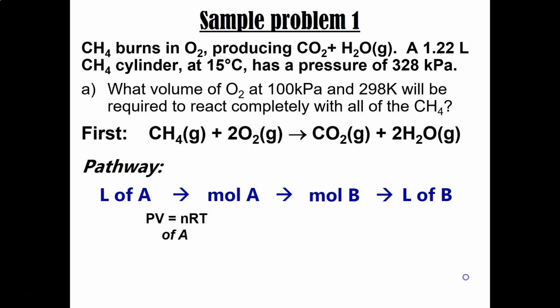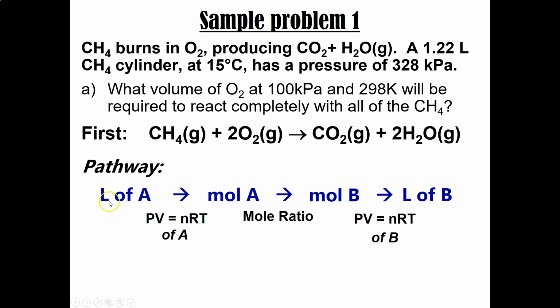Once I have moles, I can use a mole ratio conversion factor. And then they want to know, once you're finished, you're at different pressure and you're at different temperature. So what we have to do is plug it back into ideal gas law to figure out what the new conditions would be, okay?